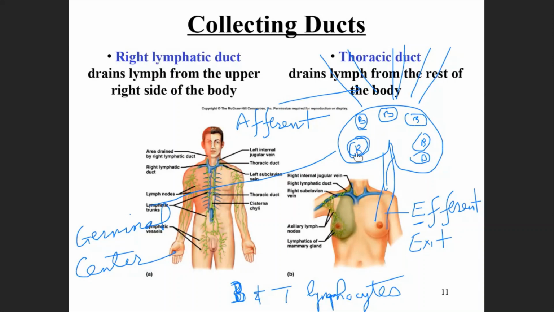But any B cell that has the right receptor that recognizes the pathogen, for example, is selected to expand. And when they expand, the germinal center will get really big. And if the germinal center gets really big, the lymph node will get big, right? So we call that lymphadenopathy.